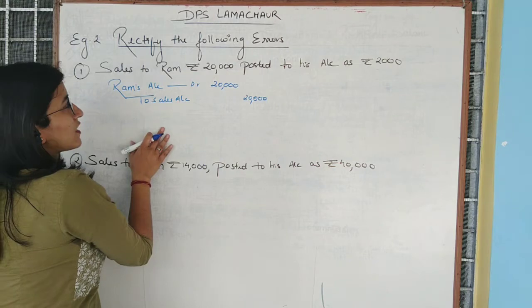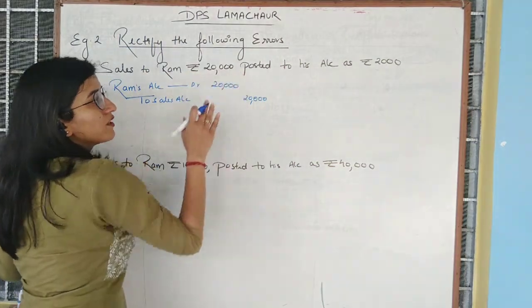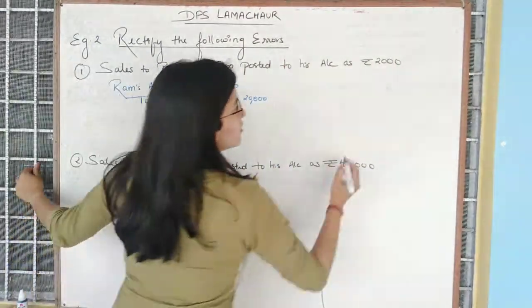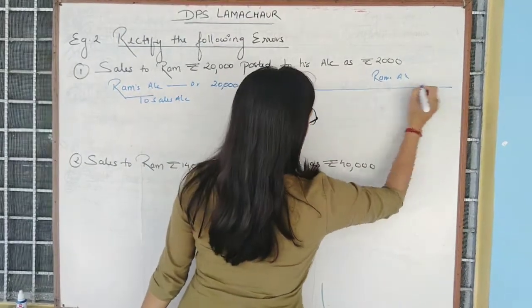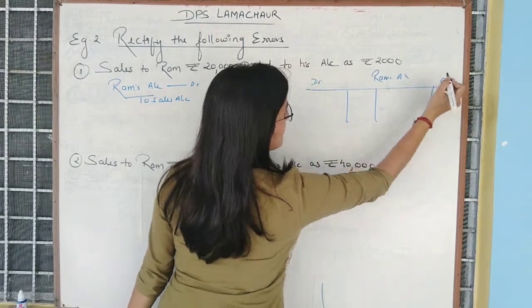Now according to the transaction, goods has been sold to Ram for rupees 20,000, but only 2,000 has been recorded on Ram's account. So let's suppose this is Ram's account. This is debit side, this is credit side.